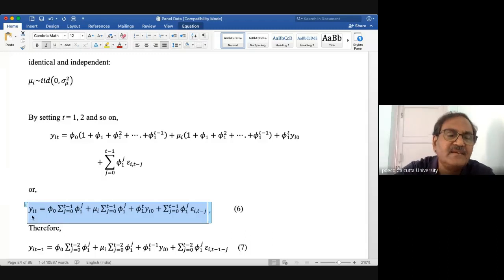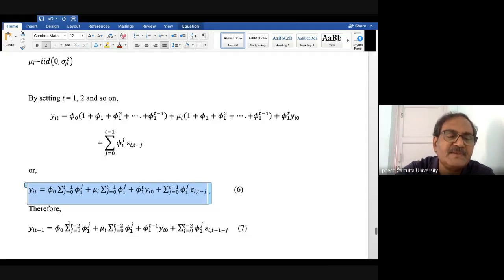Similarly, you can get the expression for YIT minus 1. So if you just change the value for t here, place t minus 1 in place of t.